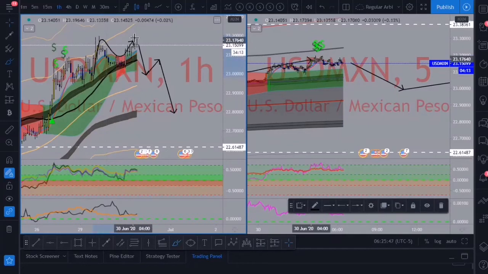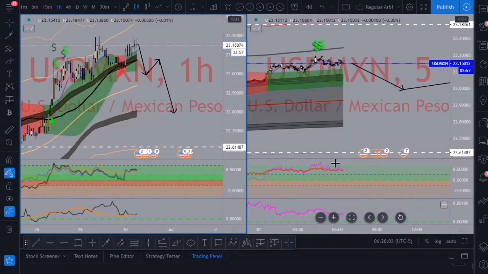If it respects right here, I expect it to drop. And again, what I would want to see is a retest of this RSI line, and then a continuation to the downside. That's what I would want to see on USD Mexican overall. Looks like we're starting to drop for a sell, but we don't have it quite yet.